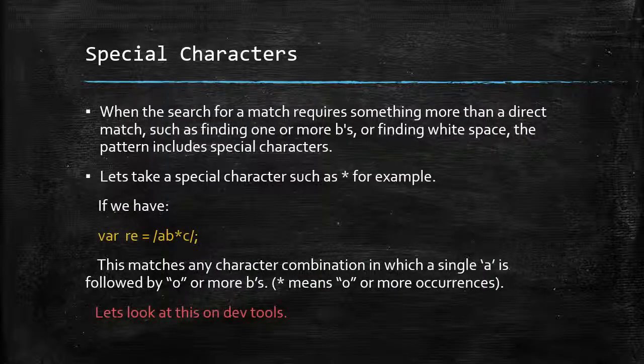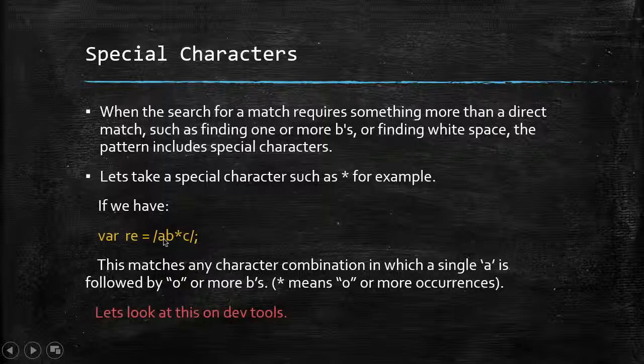Right, so let me explain what special characters are. When you're not just looking for a specific word or character, for example here, if we're looking for a string of A followed by zero or more B's, we can write something like this. In this case, the star is a special character, and what that means is there are zero or more occurrences of the previous character.